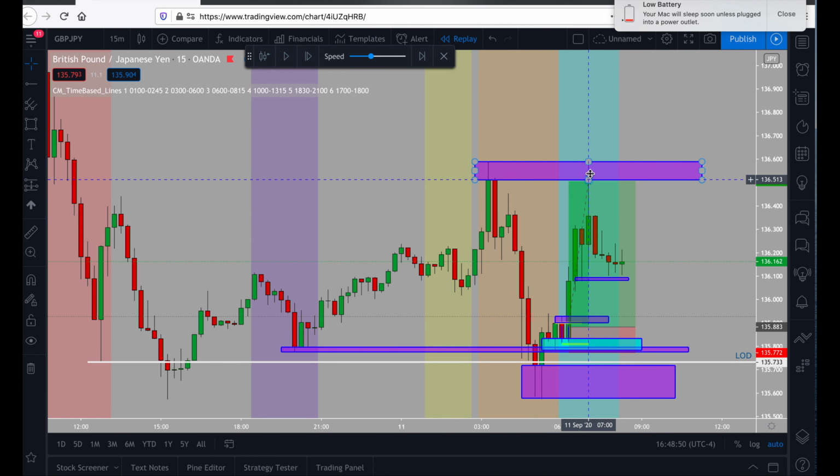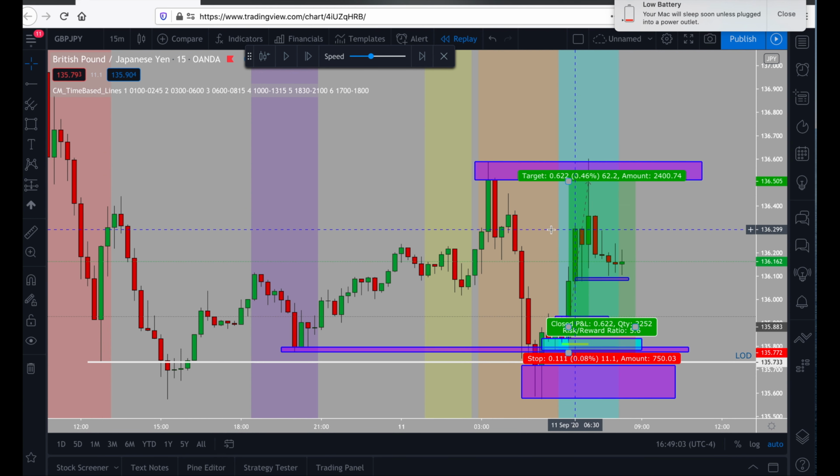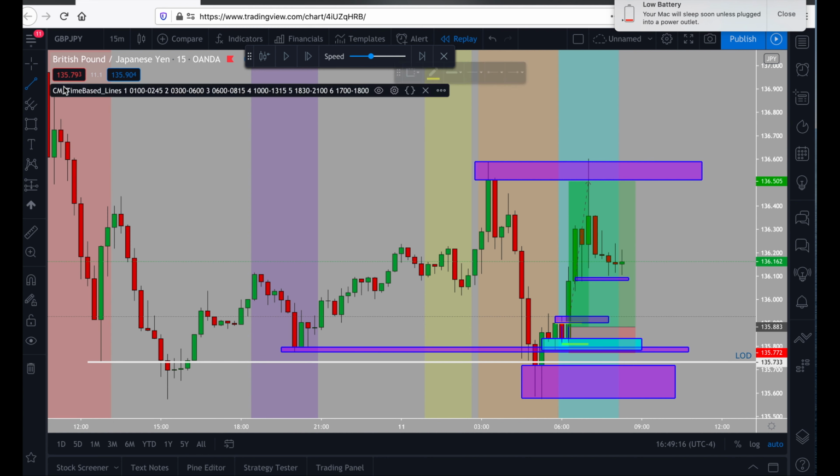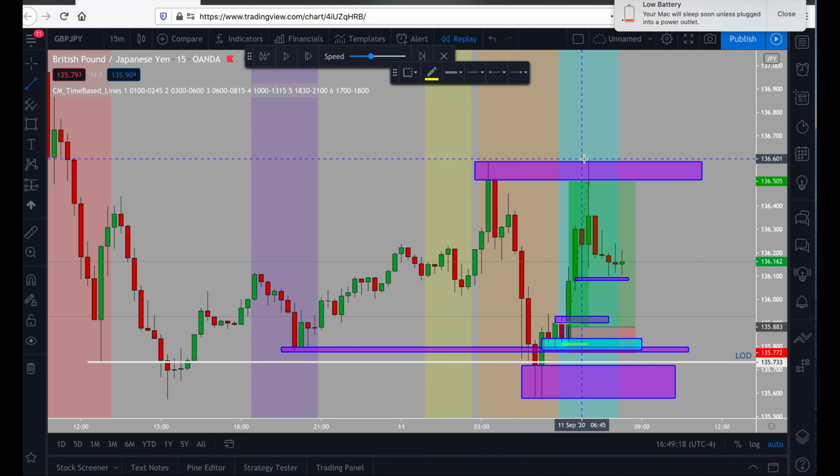So how could I have gotten in this trade? When price reached this area right here, I could have gone down to a smaller time frame and looked for some floors to be breaking or support areas to be breaking and entered that way. What I like to do is wait for a bullish candle if I'm looking to sell, to go into the supply area where I'm selling at, and then I will place a small line going across.